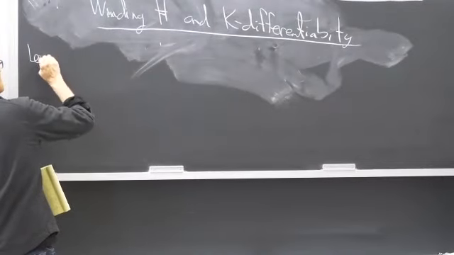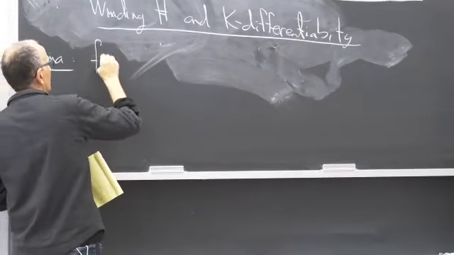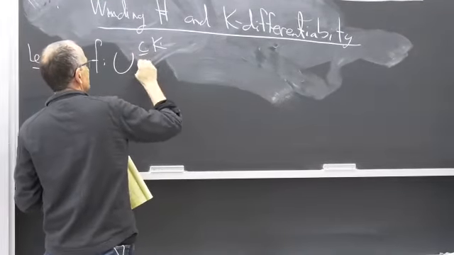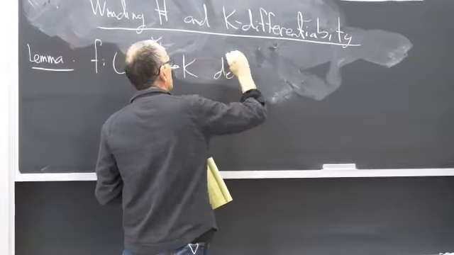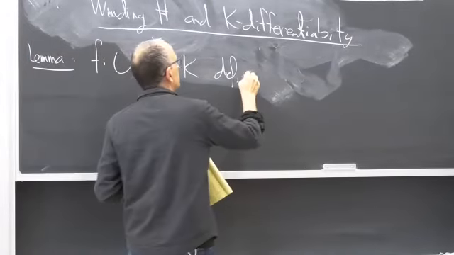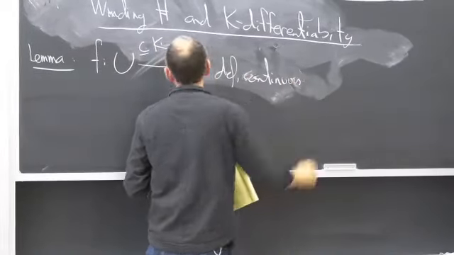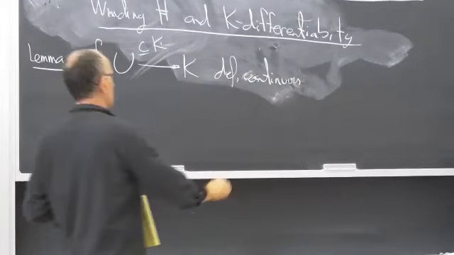Statement. Assume we have F. All my U will be an open subset of K, definable. No, we don't need definable even. Yes, continuous. Sorry, continuous. And inside U, let's pick a point where F is differentiable.